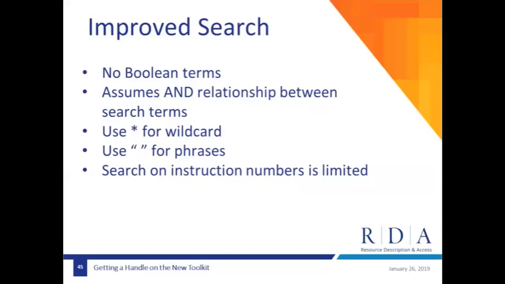We also support search on instruction numbers in the beta site. So you can search on the instruction numbers from the original toolkit site and get some results in the beta site. I would warn you that the metadata behind that is all entered manually, so it is somewhat limited.